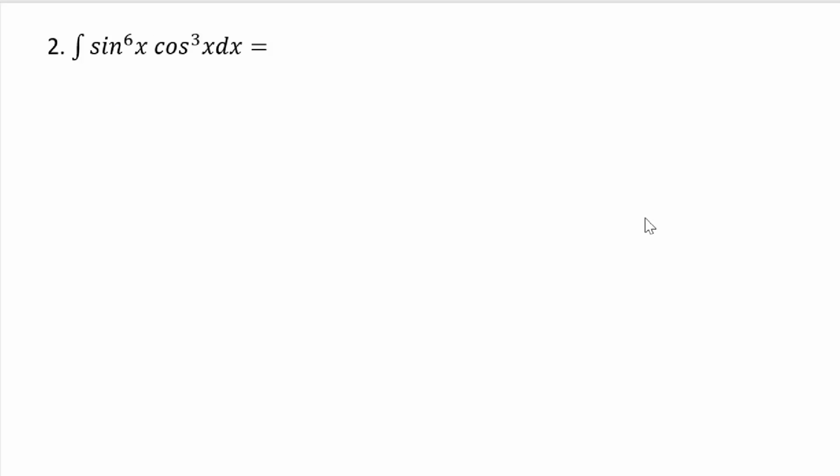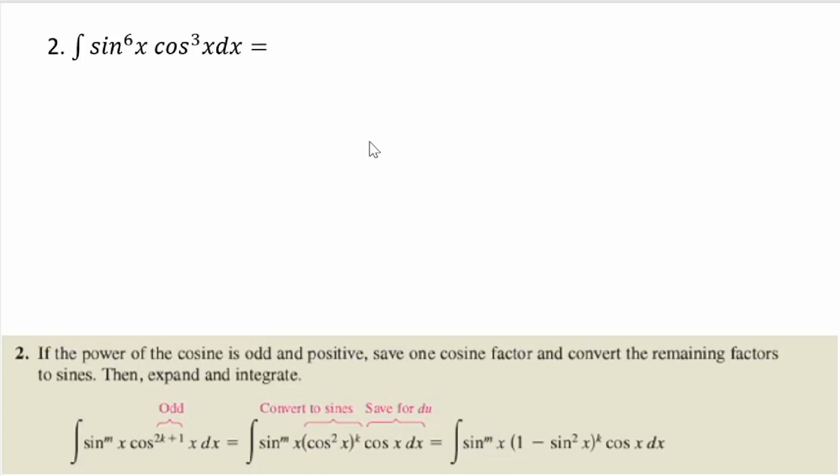For number 2, we have the integral of sine to the power of 6x and cosine cube x. So to solve for that, we are going to factor cosine cube x in terms of cosine squared x times cosine x. So rewriting the given, we can write now as sine to the power of 6x times cosine squared x times cosine x, which is the factor now of cosine cube x dx.